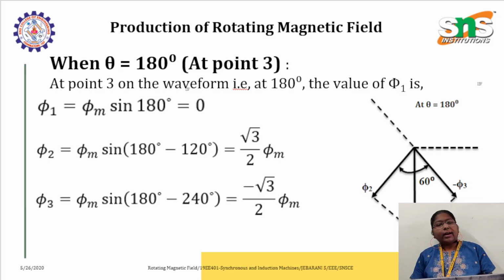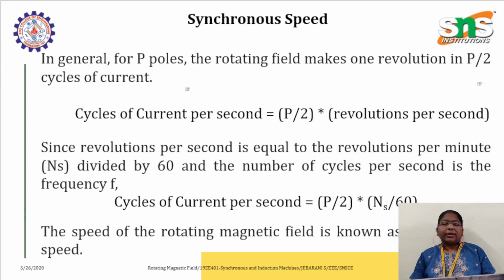For half a cycle, the resultant vector has taken up half a revolution in a circular manner. This we call a rotating magnetic field.